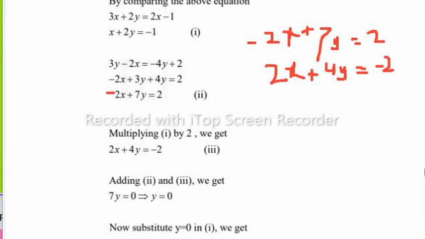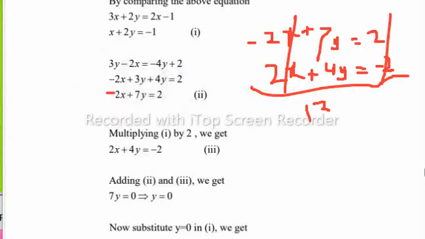Okay, now by adding these both equations, these two terms will cancel. Then we get 13y is equal to 0.